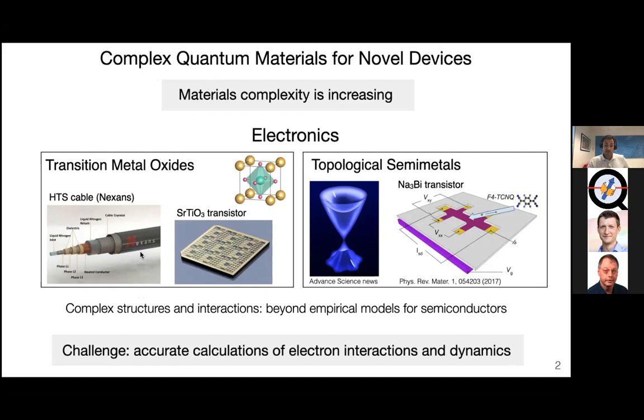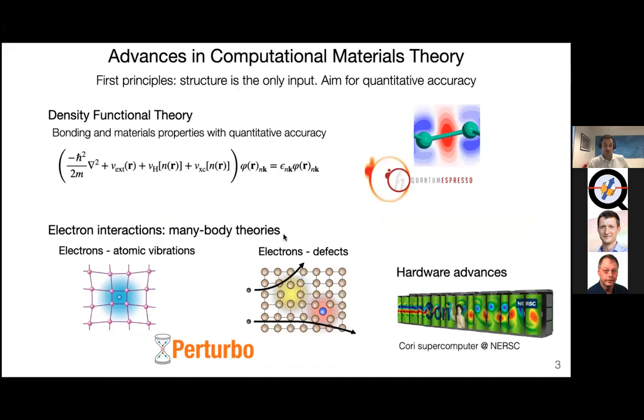And so the challenge for theory then is to develop accurate calculations that can capture how electrons interact and move inside these materials, and then ultimately, with this knowledge, aid the design of this next generation of devices. Now, this challenge for theory can be tackled by leveraging advances in computational materials theory. In particular, today I will talk about so-called first principles methods, which use the structure of the material as the only input.